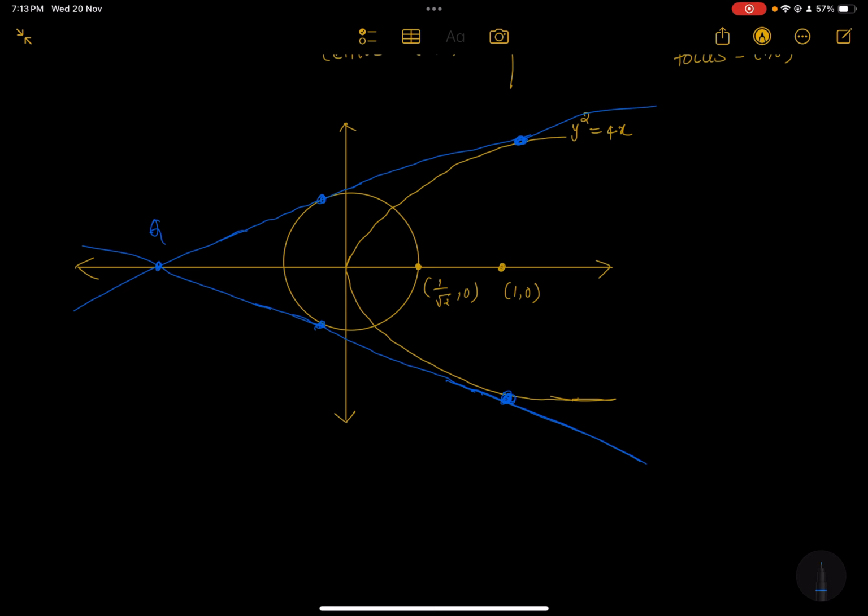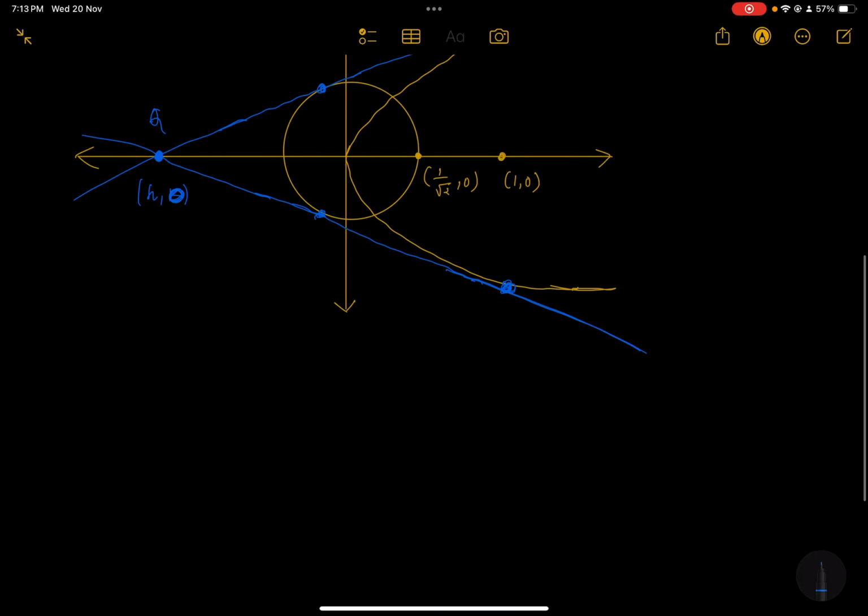The parabola looks exactly same above and below x-axis. So these two tangents, the blue lines, will intersect at a point on x-axis because of the symmetry along x-axis. So let this point be h, 0. Let us find out the value of h.